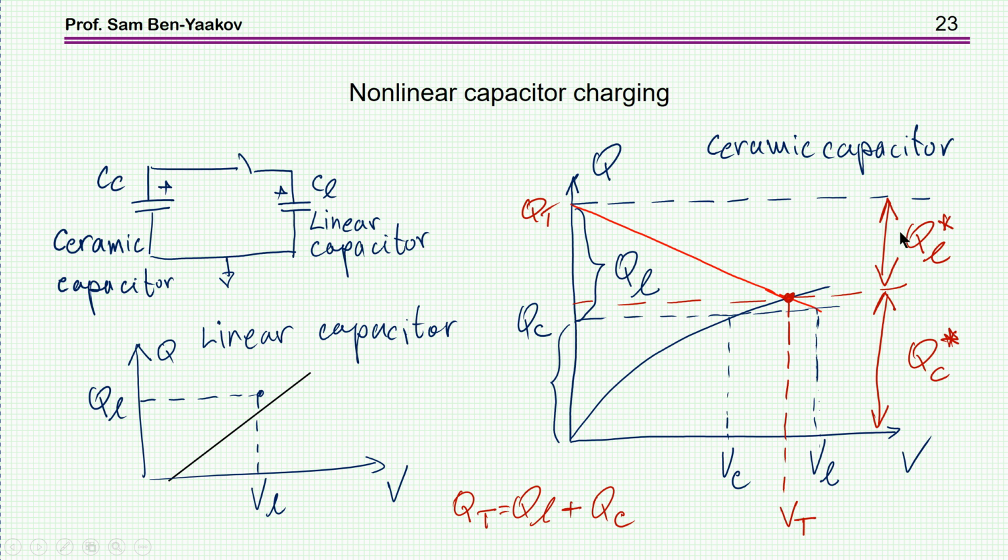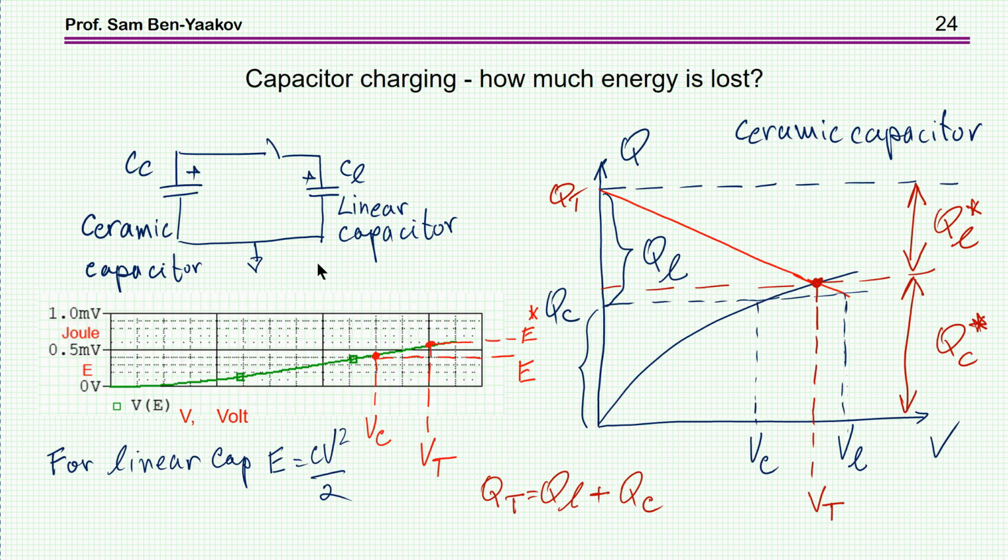So this is one charge, and this is the other charge. So this will be a very simple way to get a solution of this problem that otherwise is rather complex to find, because you need somehow to approximate the behavior of this nonlinear capacitor by say a polynomial fitting or any other type of fitting, and then solve in fact the nonlinear equations.